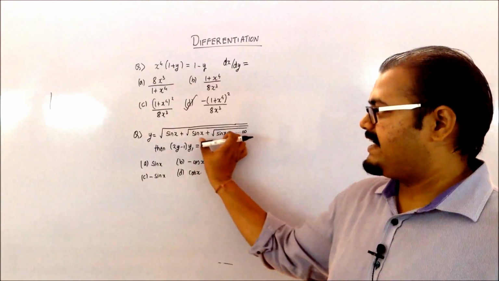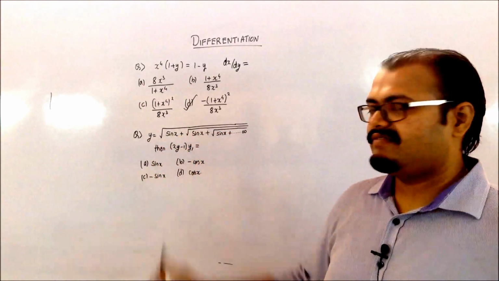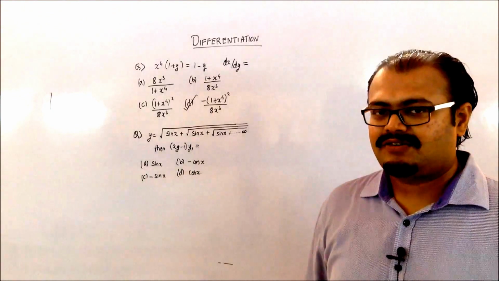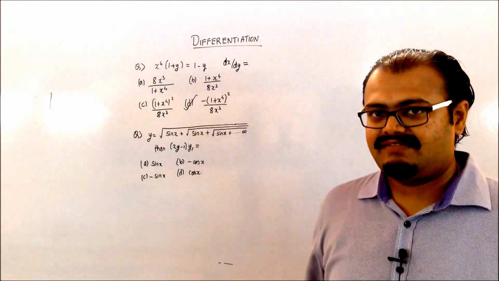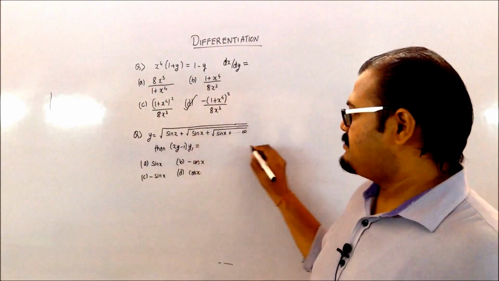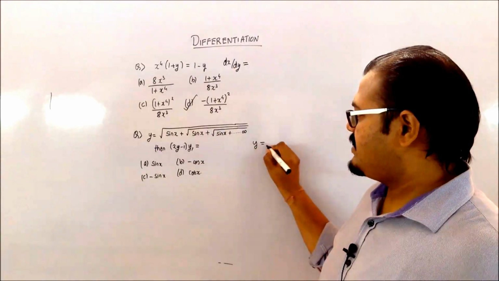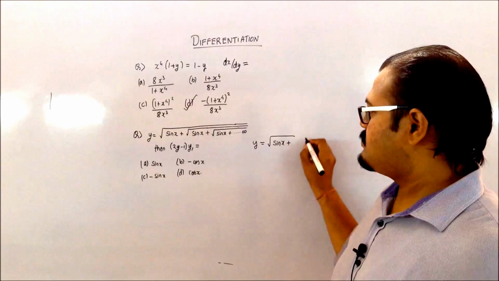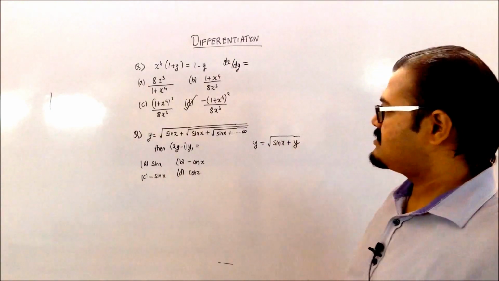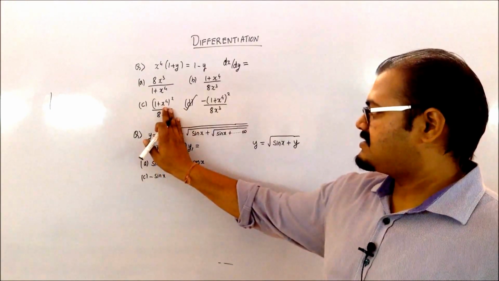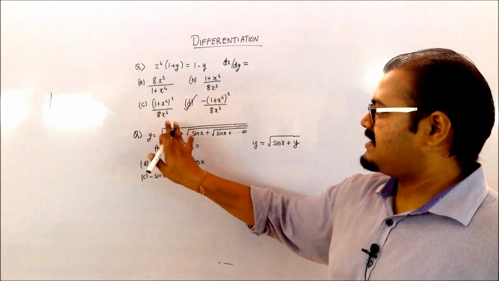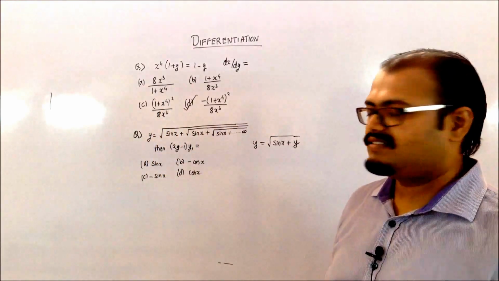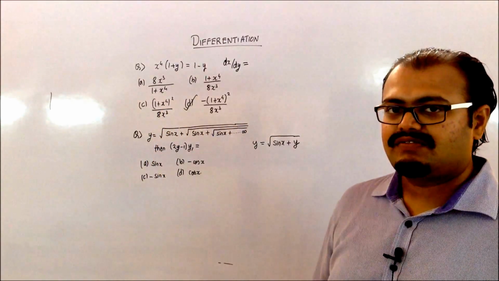If you eliminate any one term from y, that's not going to affect y itself, because it's an infinite series. So you can simply write this as y equals root of sin x plus y. If I remove the sign, you are again getting y itself, so I'm just replacing that with y.